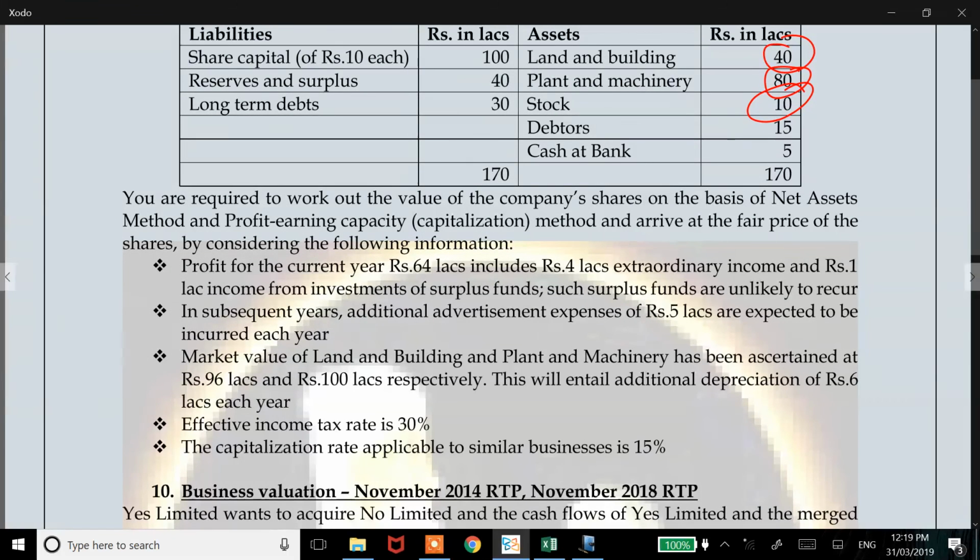Now they ask for the fair price. They have asked us to calculate under the net assets method and the earnings capitalization method. Fair price is the average of these two. Some questions will give weights also. They'll say 3:1, 4:1 weights. If they give you weights, follow them. Otherwise, just add both and give equal weights to both. We'll end up adding and then dividing by 2.